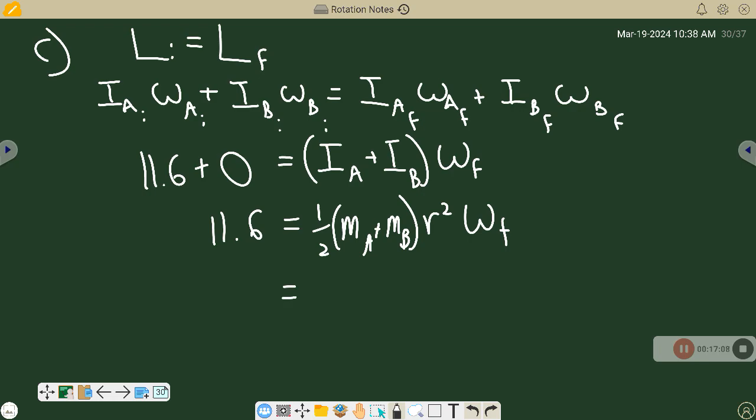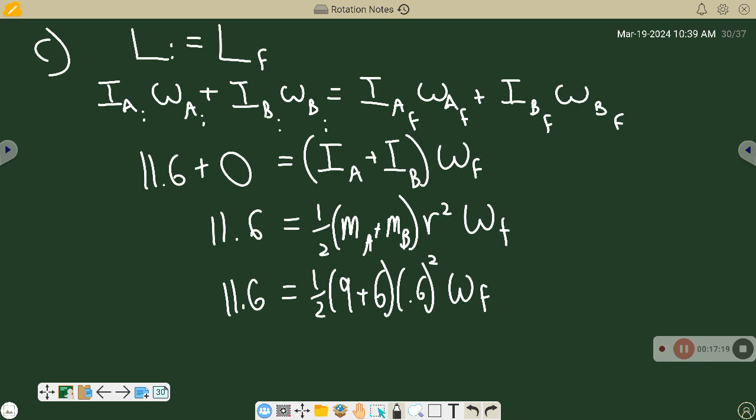Plugging in numbers, I have 1/2 of 9 plus 6 times their radius, 0.6, squared, times omega f. Solving for omega f with my calculator, 0.5 times 15 times 0.6 squared, it comes out to about 4.3 radians per second.